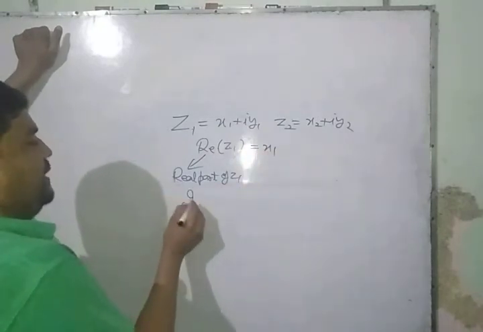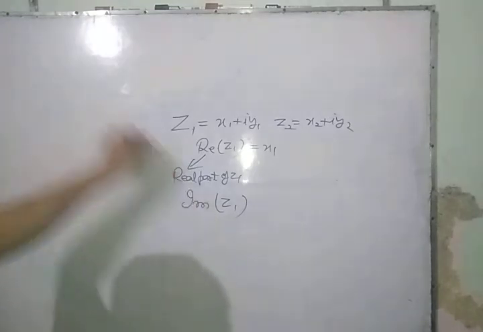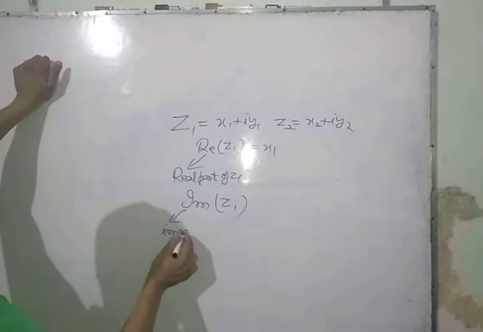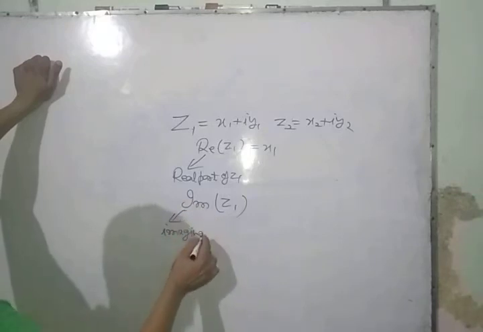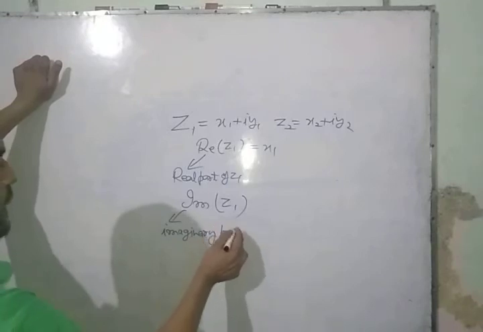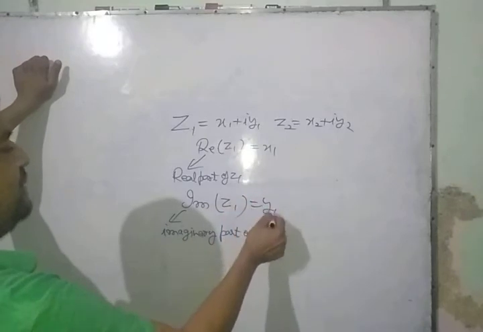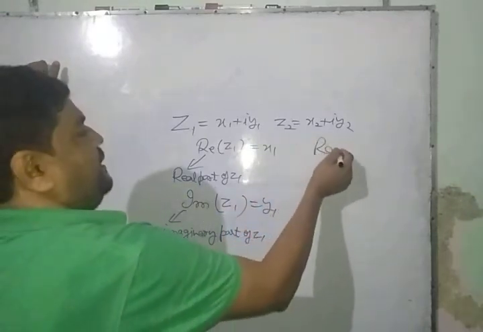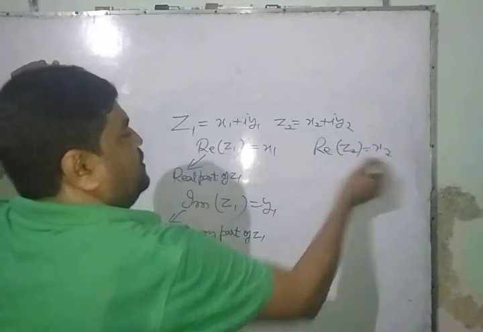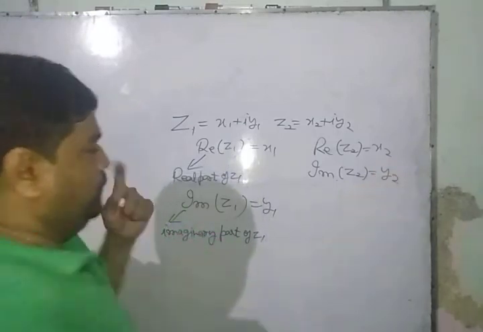Similarly, the imaginary part of z1 will be written like this, Im z1. This is the symbolic way of writing the imaginary part of z1. So the imaginary part of z1 is y1. Similarly, the real part of z2 is x2, and the imaginary part of z2 is y2.